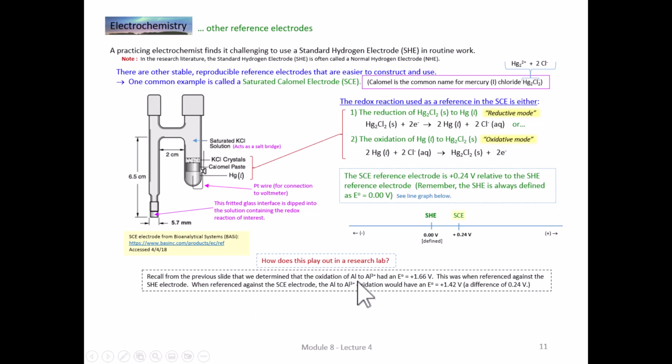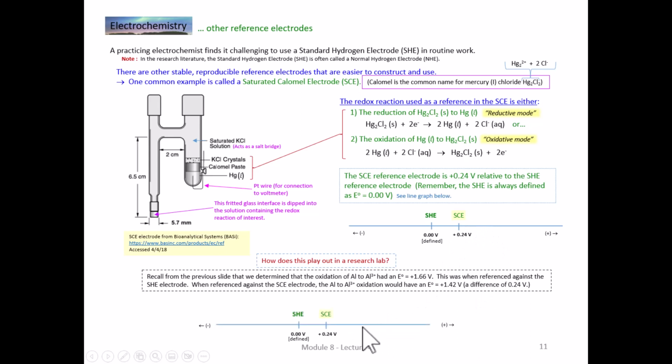If we reference this half reaction, in other words, attached it to the saturated calomel electrode, we get a potential of 1.42 volts, a difference of 0.24 volts. So this half cell is 1.66 volts versus the SHE, but 1.42 volts versus the SCE.